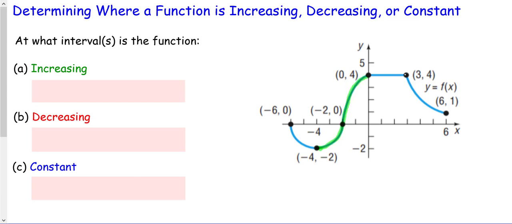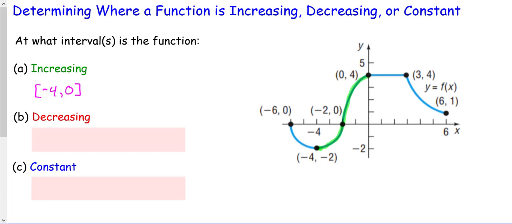And there is no other area where the function is increasing. So we would say in interval notation, our function is increasing from -4 to 0. And because they are both solid dots, it would be a bracket and not just a parenthesis.